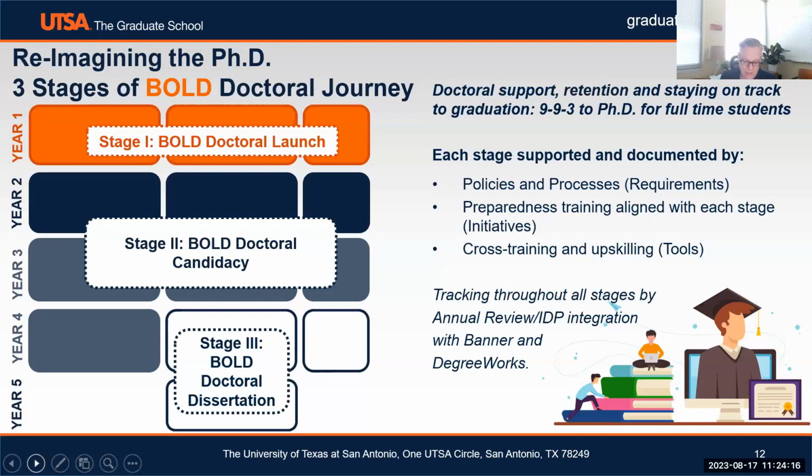We're going to look at that combined with DegreeWorks so you know exactly what that looks like for you. If you're in the dissertation phase and you're looking at initiatives, John has a lot of writing camps that you can go to. These are really important because they can give you feedback and help clarify things in your mind. There are people there to help you write, and that's one initiative we hope you'll take advantage of.